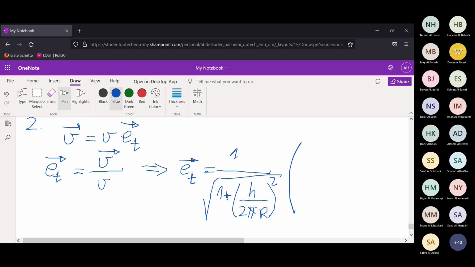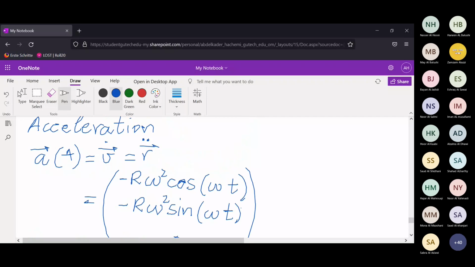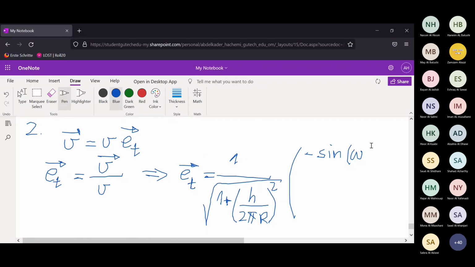And here we have the component minus sine omega t, we have cosine omega t, and we have h divided by 2 pi r.